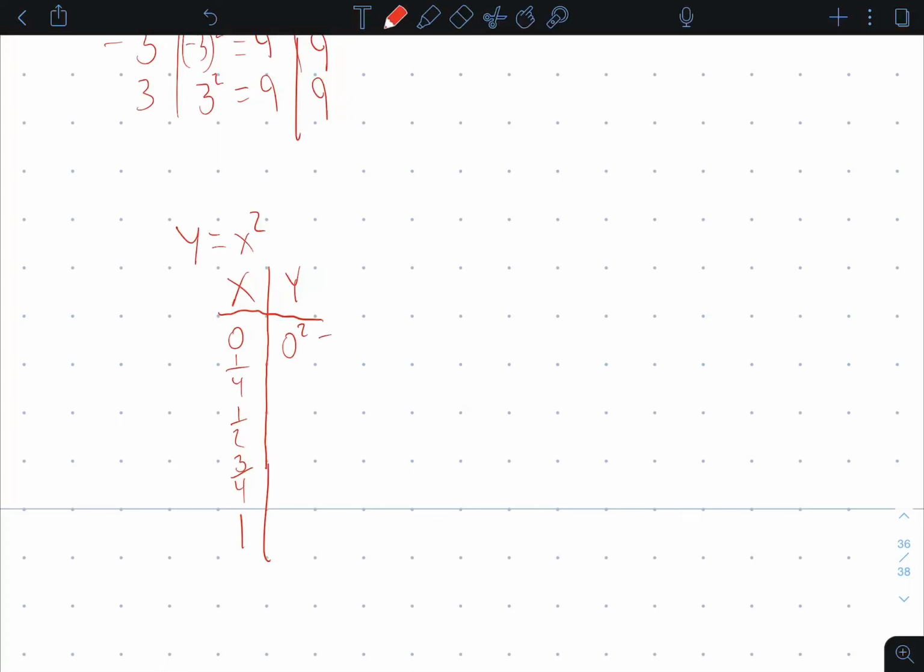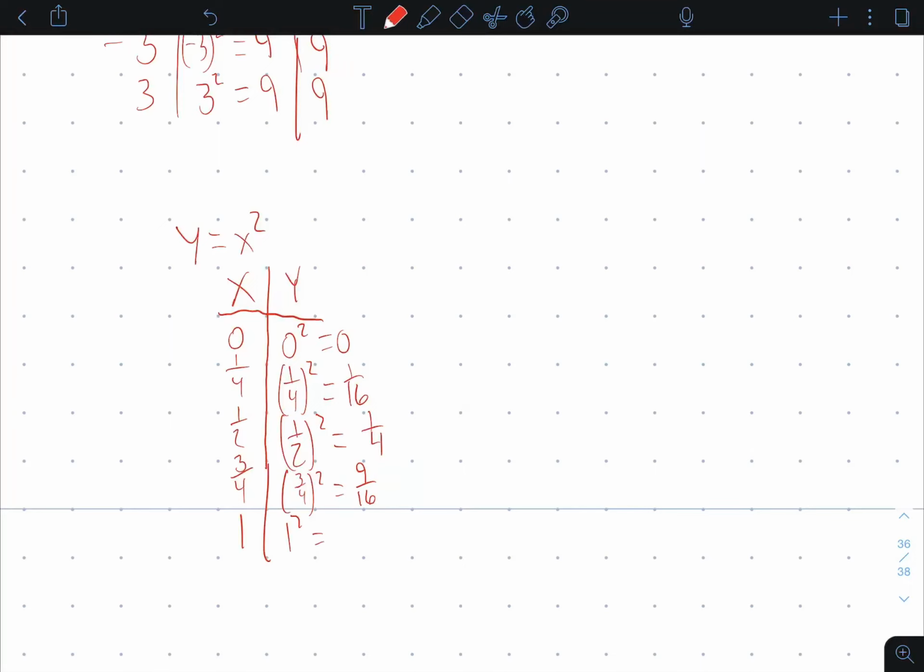So we'll do 0 squared equals 0. We're plugging these numbers in for x above. 1/4 squared equals 1/16. 1/2 squared equals 1/4. 3/4 squared equals 9/16.